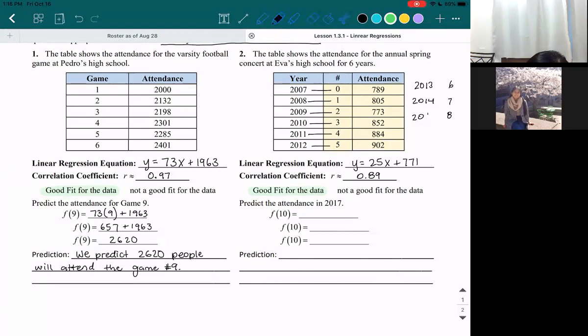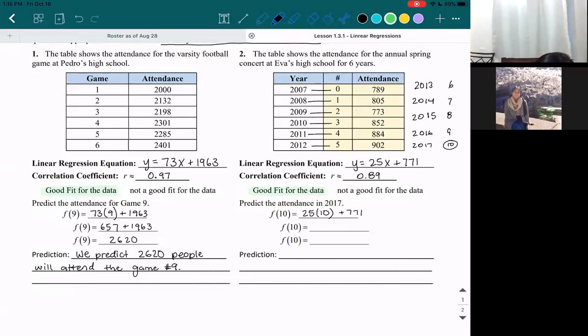2015 should be 8. 2016 should be 9. And so therefore 2017 should be 10. So the number we are plugging in to our equation is 10. So y is equal to 25x plus 771. 25 times 10 plus 771.